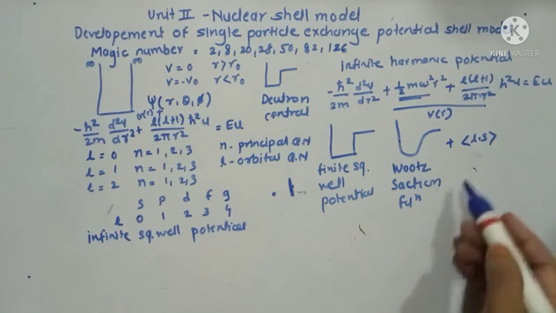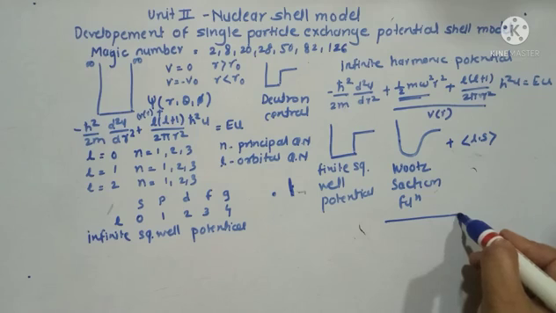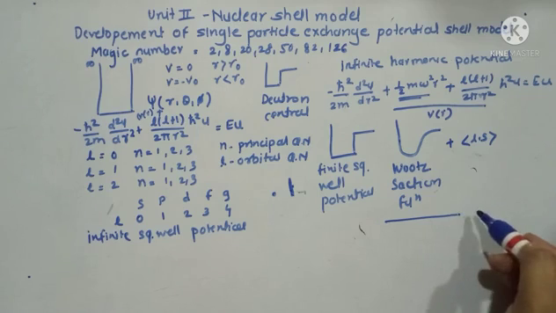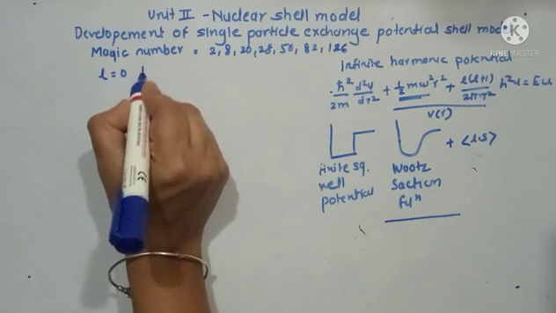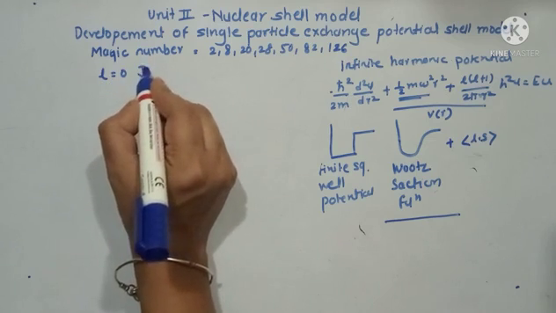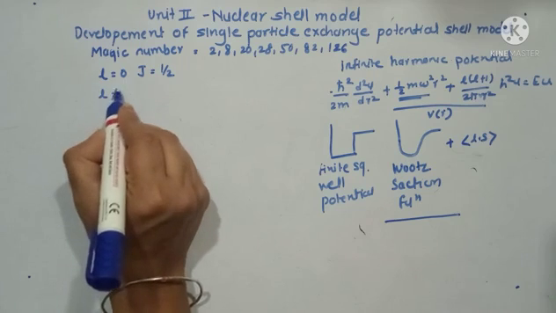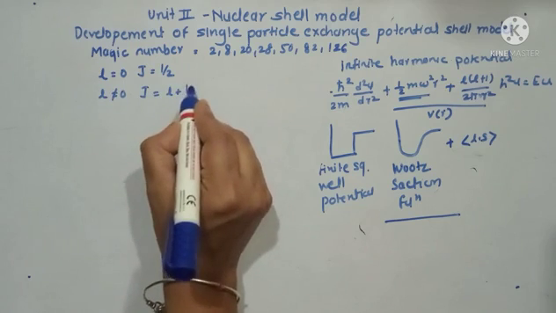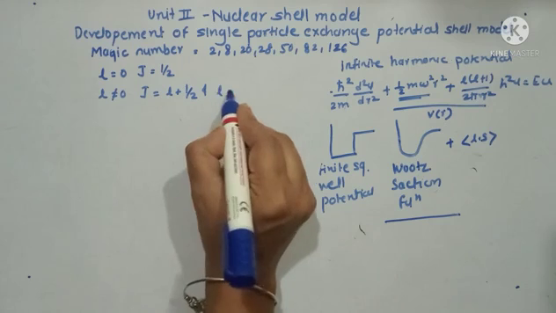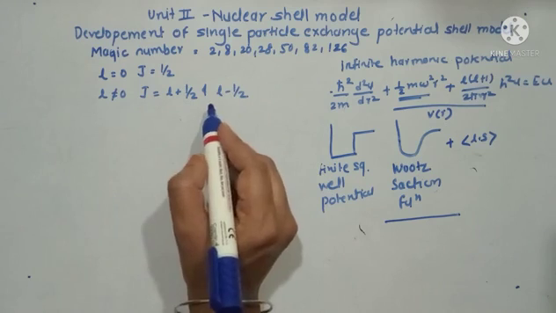Now by writing Schrödinger's time-independent equation and solving it for n and L values, they found that for L equal to 0, the total angular momentum J is 1/2, and for L not equal to 0, J turns out to be L plus 1/2 and L minus 1/2, the splitting of the energy levels.